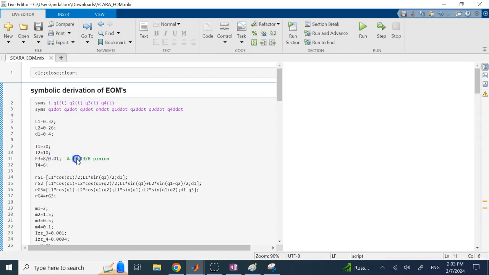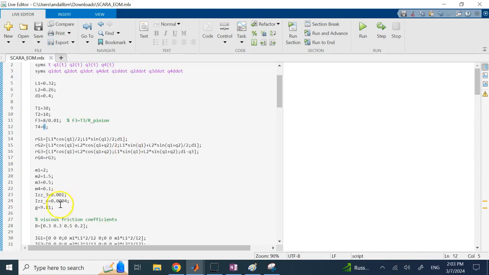This is going to be the force that is applied to member 3 if we neglect what? If we neglect the inertia of the pinion, okay? So here 30 Newton meter on member 1, 10 on member 2, 8 on motor 3 that is driving the member up and down, which here corresponds to 800 Newton up and down force, and 6 Newton meter on member 4.